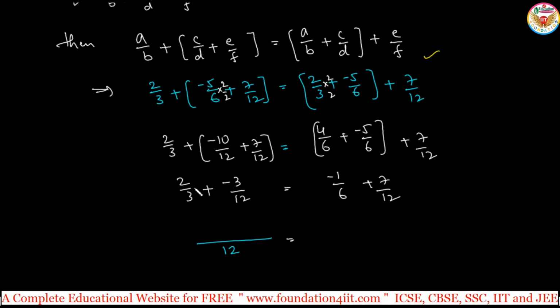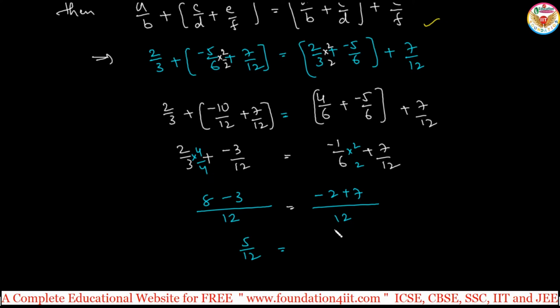So you multiply an extra 4 by 4 for this. So 2 fours are 8 minus 3, because 4 by 12 minus 3 by 12, 8 minus 3 by 12. For this you need to multiply 2 by 2, because for 6 and 12 the LCM is again 12. So minus 2 plus 7, and 8 minus 3 is 5 by 12, same. Here also we get the same, minus 2 plus 7 is 5 by 12.